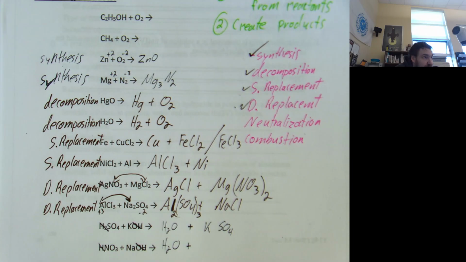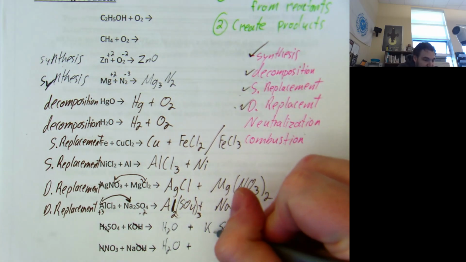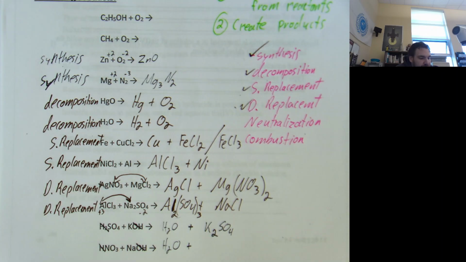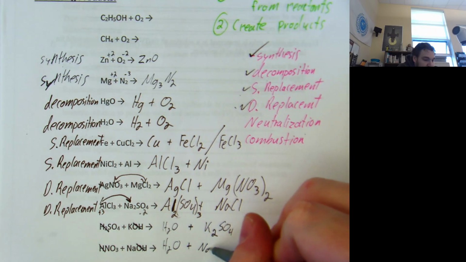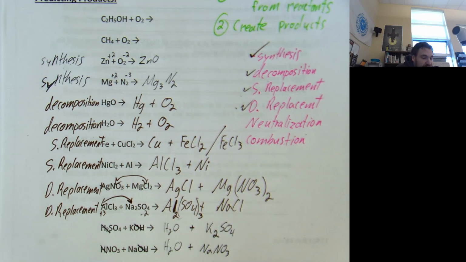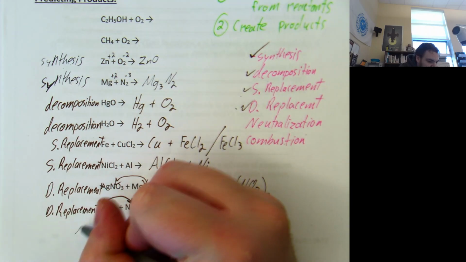Sulfate has a charge of -2. So it's going to be K2SO4. And the second one's going to be NaNO3. Good. Because the charge on nitrate, the NO3, is -1. Charge on sodium is +1. So this is your neutralizations.